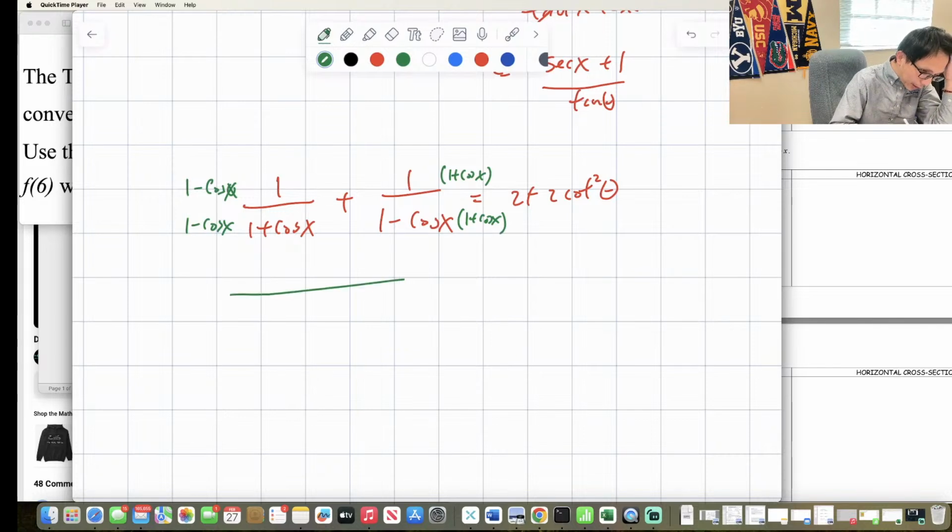So what I'm going to get is, on the bottom, what is the bottom? 1 minus cosine square of x. On the top, it's going to be 1 minus cosine of x plus 1 plus cosine of x. Does that make sense? So that's going to be 2, right?